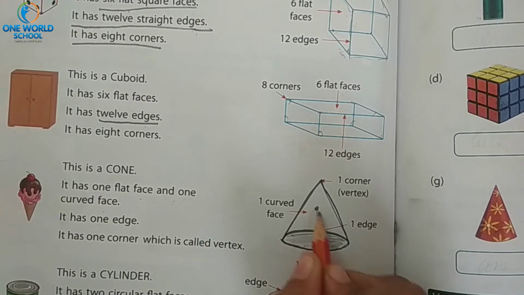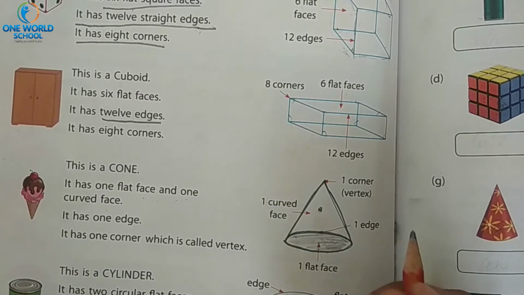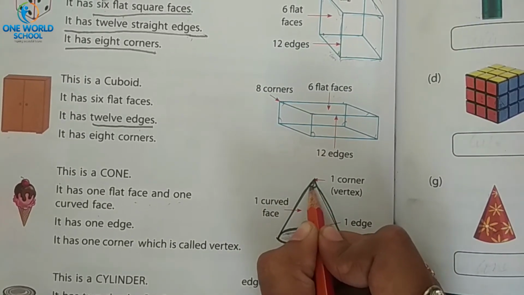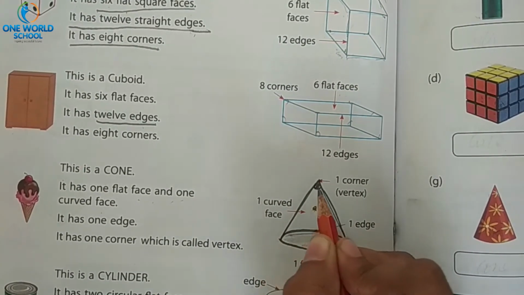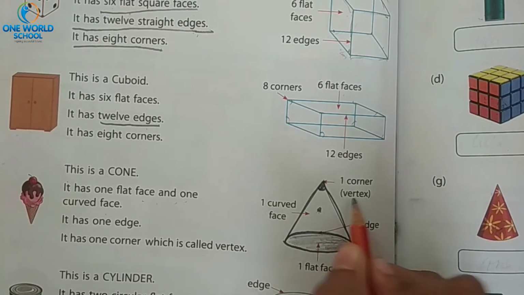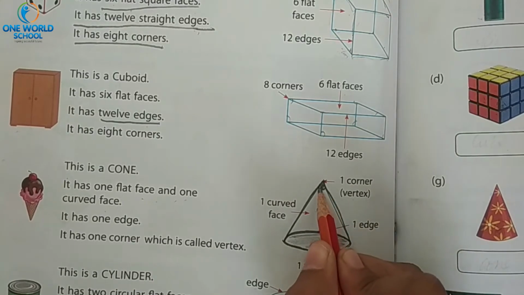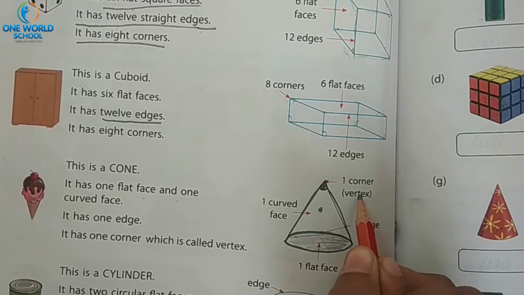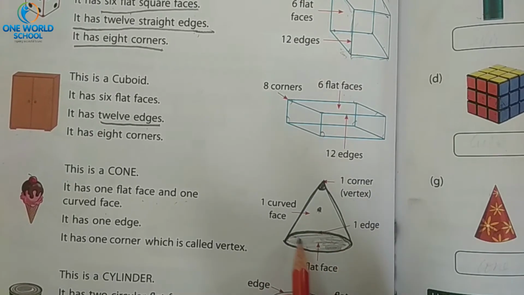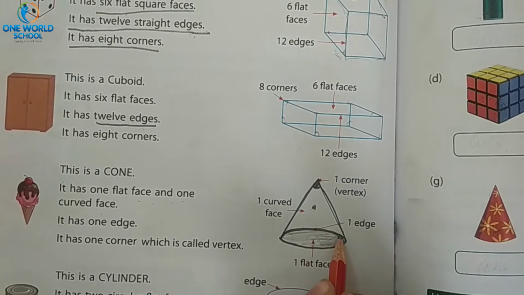It has only one corner, and that corner is known as a vertex. It has only one edge.